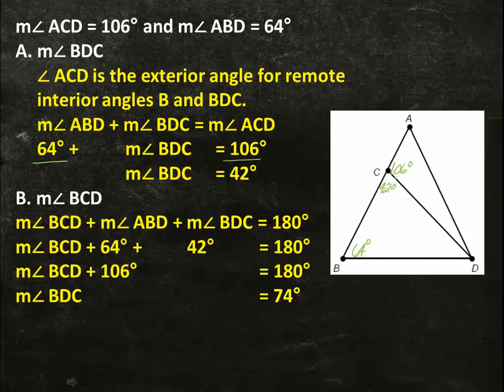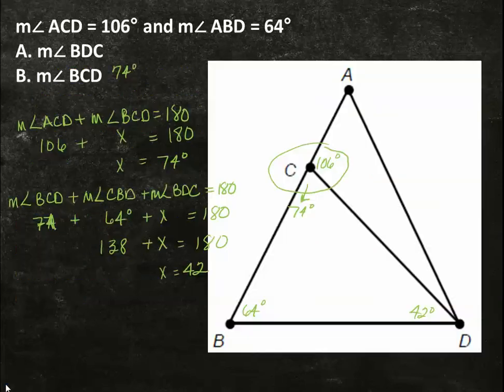Because all I did was figure they were a linear pair. I guess they're not. See, there I went, assuming. That's what happens when you assume that it was a straight line and they added up to 180. So you get to see how it can be done wrong. Okay, this one says that BDC comes out to be 74. You know what? I just switched them.